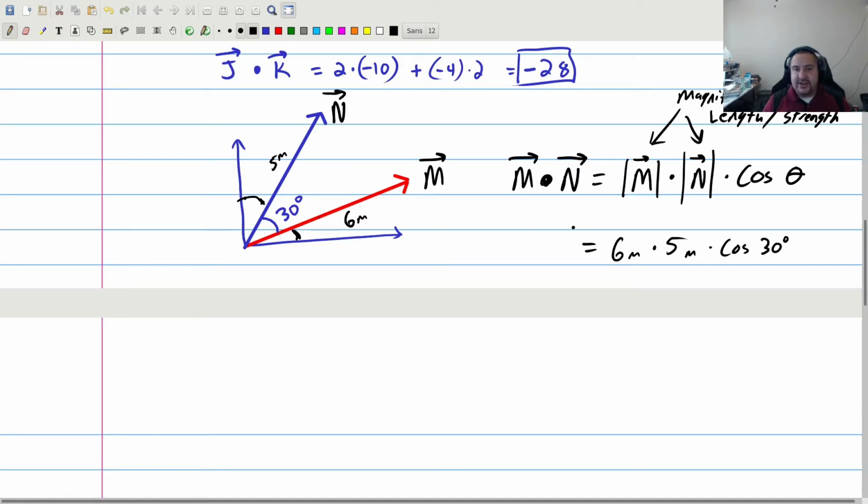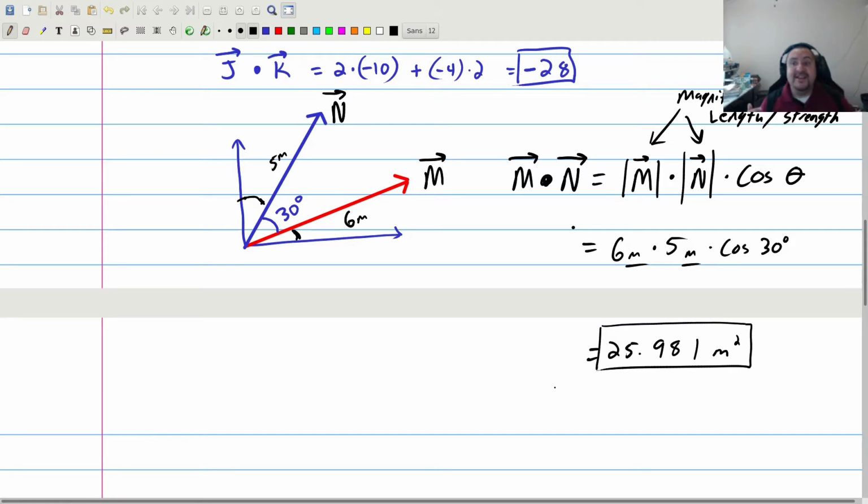So it's that 30-degree angle between M and N. All right, this is equal to, I get 25.98, and let's round that to 26. Our units, we have meters and meters, so this is going to turn into meters squared. So that would be the dot product between those two vectors.